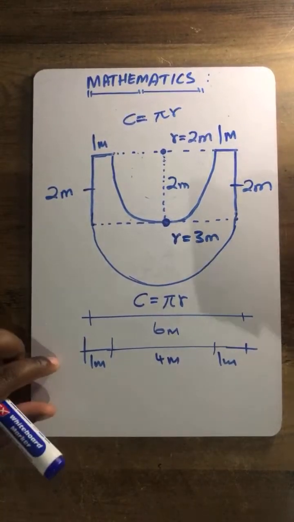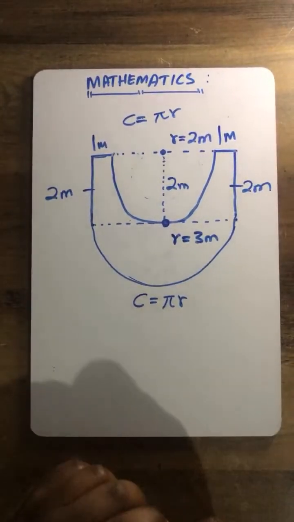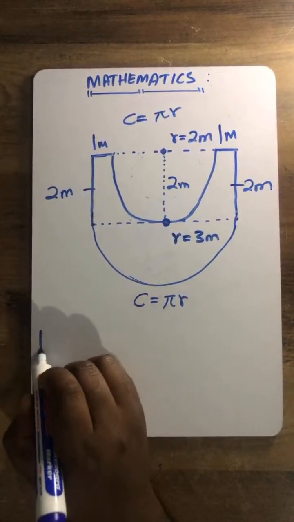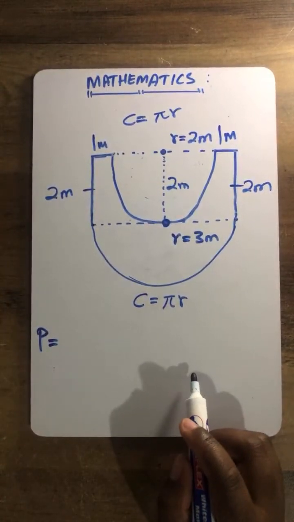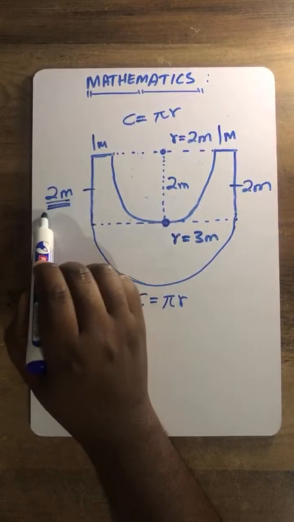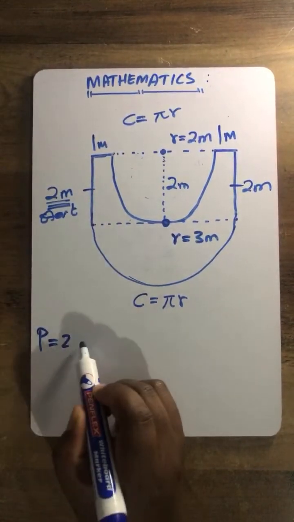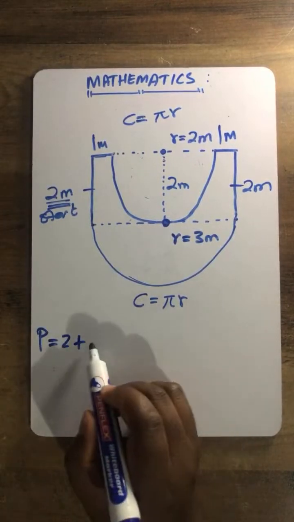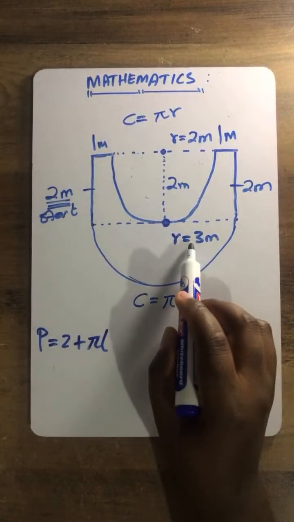But let's see. Now, let me calculate the perimeter and see what I'm going to get. This is where I'm going to start. I'm going to say 2, and I will add it with pi times r. What is r?